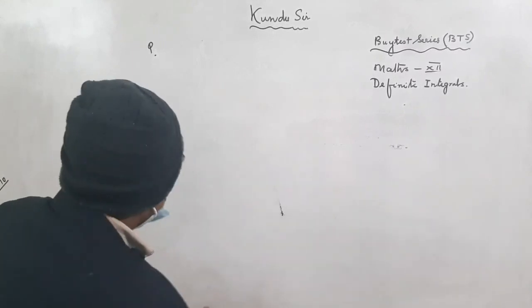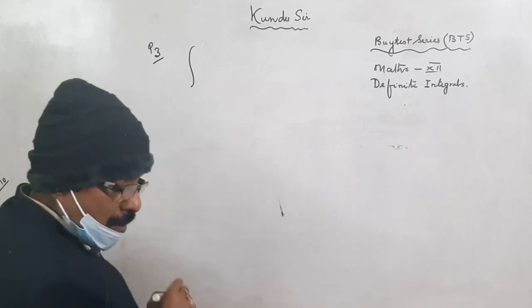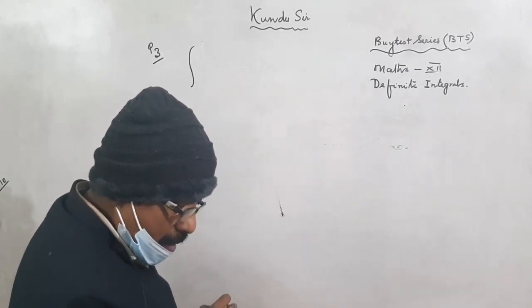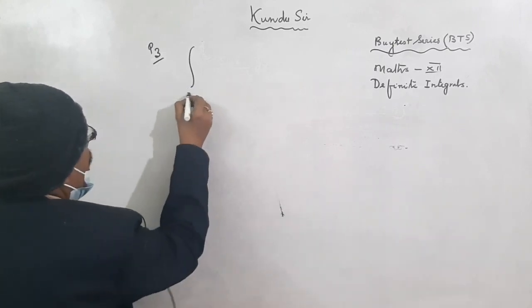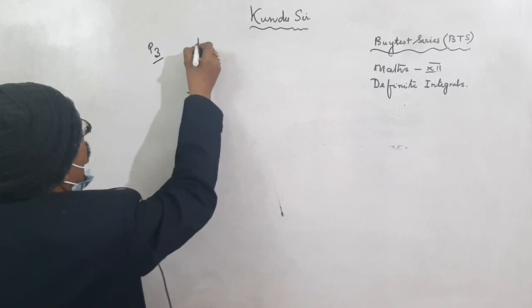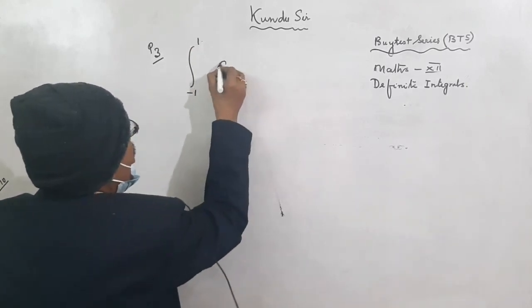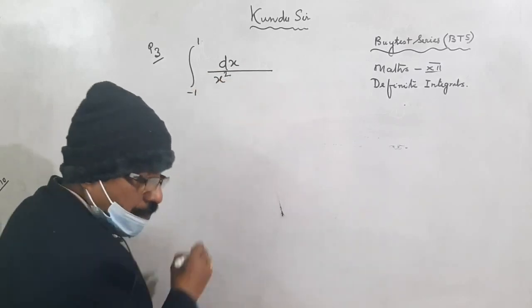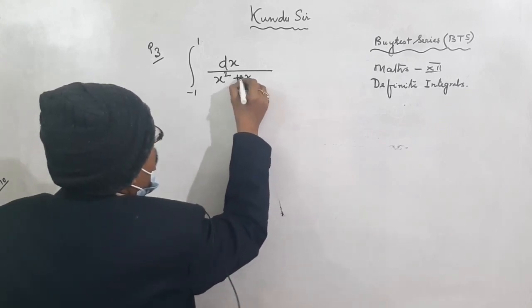Now integration, problem number 3 equal to, it is given minus 1 to 1, dx upon x square plus 2x plus 5.